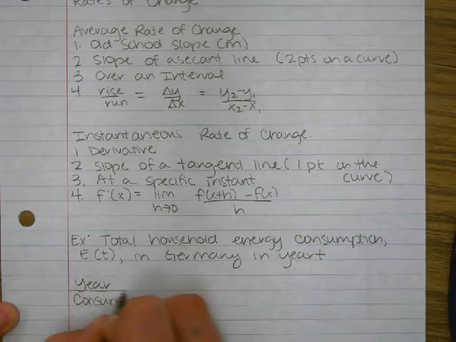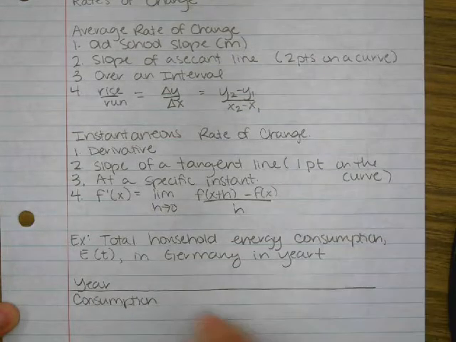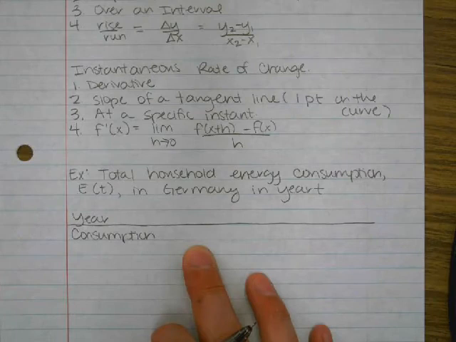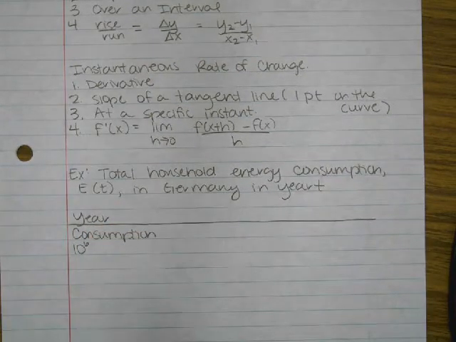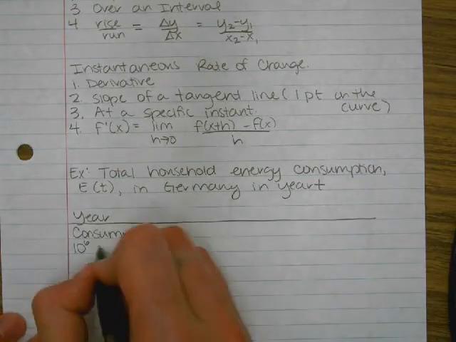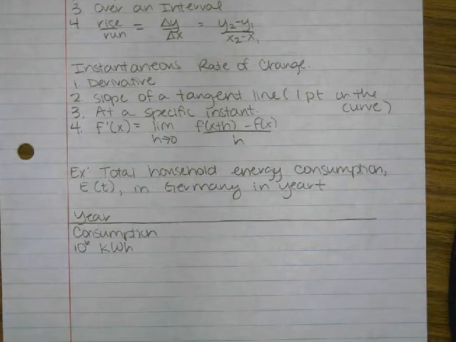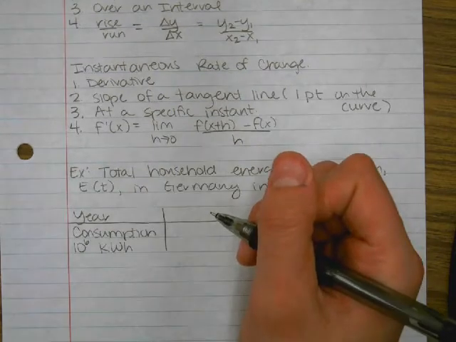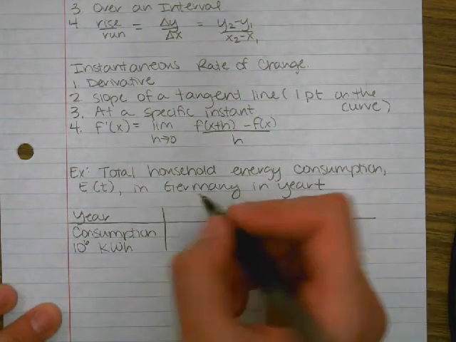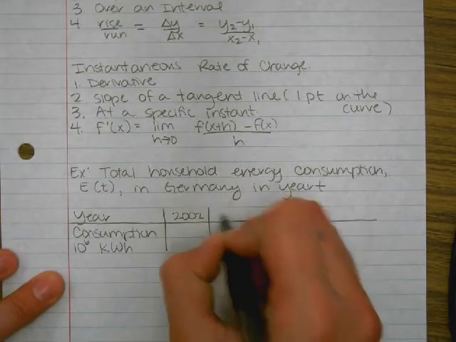We're going to have the year that we're talking about, and then how much energy consumption we have. The units for the consumption are 10 to the 6th. I think kilowatt hours is what that is. I don't recognize that unit. If I'm wrong, tell me so I can fix it. And the years we're going to look at are 2002 through 2006.